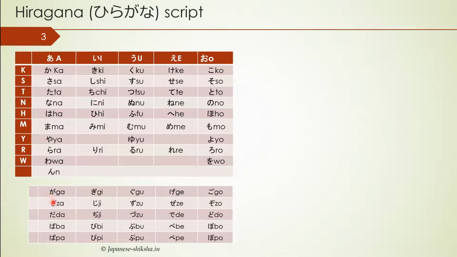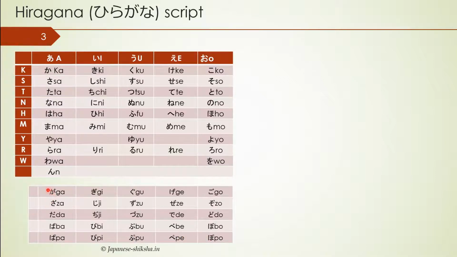Sa becomes za, there you see there are some dashes here: za, ji, zu, ze, zo, da, ji, zu, that was su, this is zu, de, do, ba, bi, bu, be, bo, pa, pi, pu, pe, po.